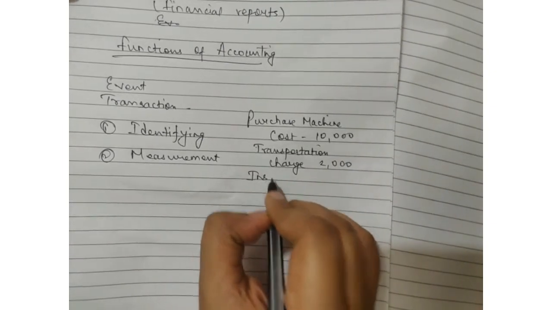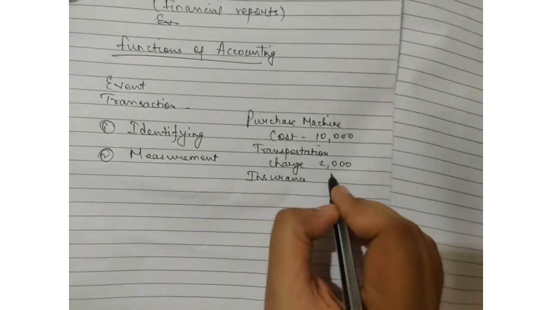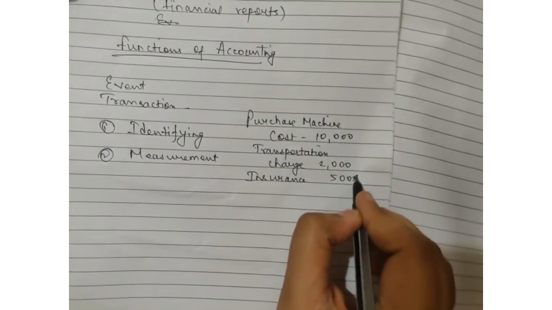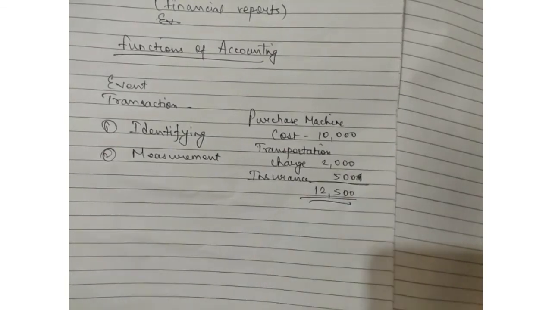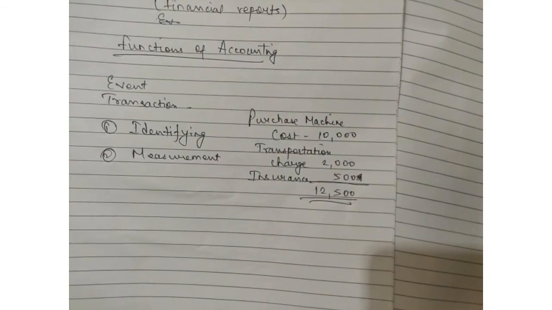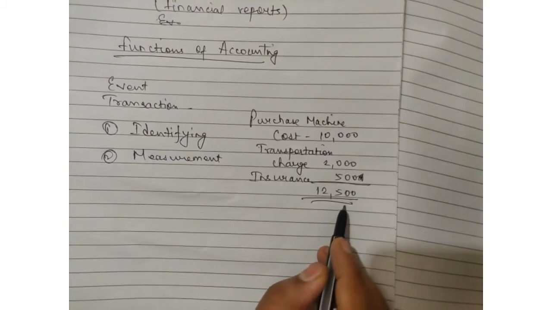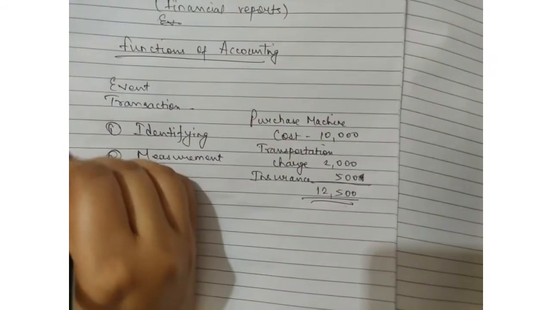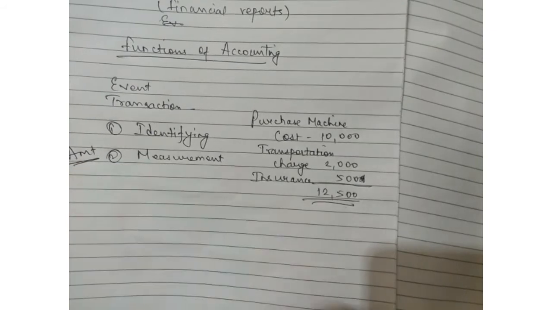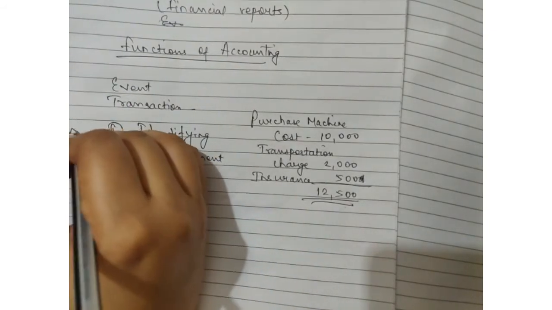You paid insurance for this machinery of 500 rupees. So we see that a total of 12,500 has been incurred on the machinery. So we are going to record this transaction in the books at 12,500. This is a measurement that is determining at what amount the transaction will be recorded.